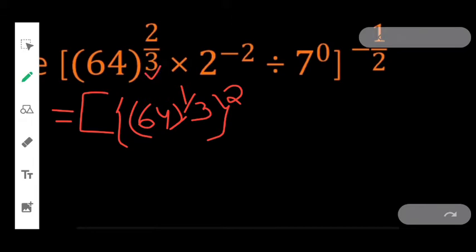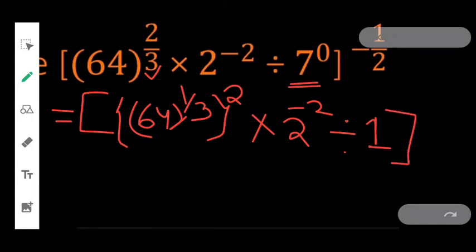Into 2 to the power minus 2, divided by 7 to the power 0 which is 1, whole power minus 1 by 2.